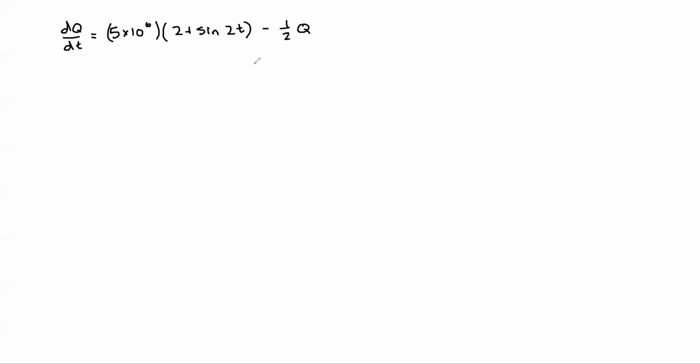Instead, what we can do is use the method for solving a linear first order differential equation. How can we tell that it's linear? You can tell that it's linear because the dQ/dt is to the first power and the Q is to the first power. That tells us that it's linear. And so we can use our technique for linear equations, which we covered in a previous video.